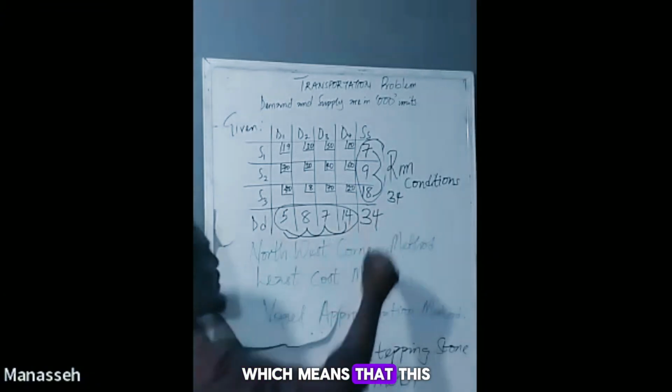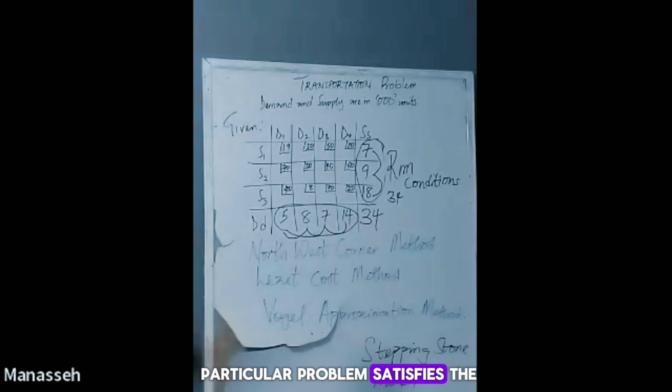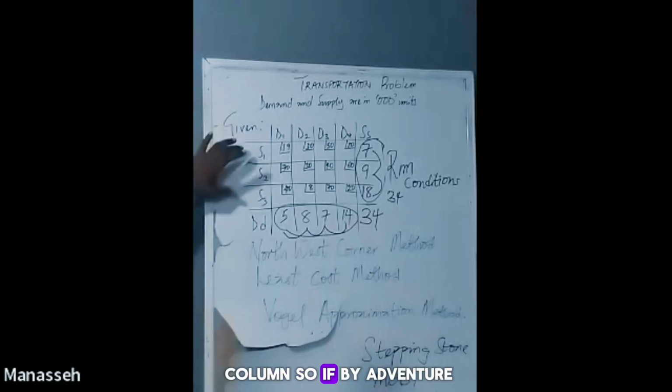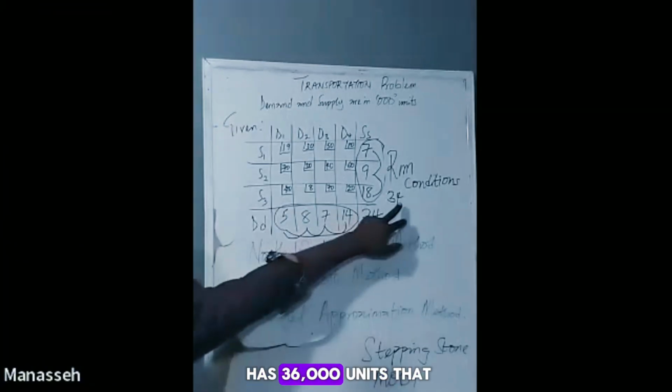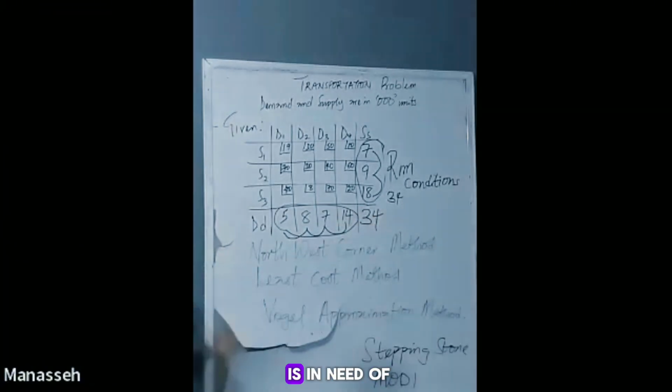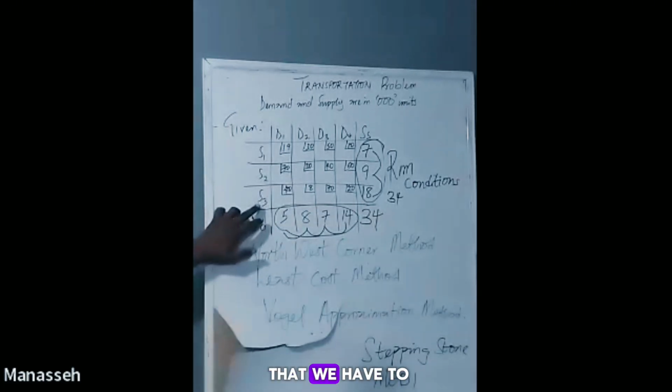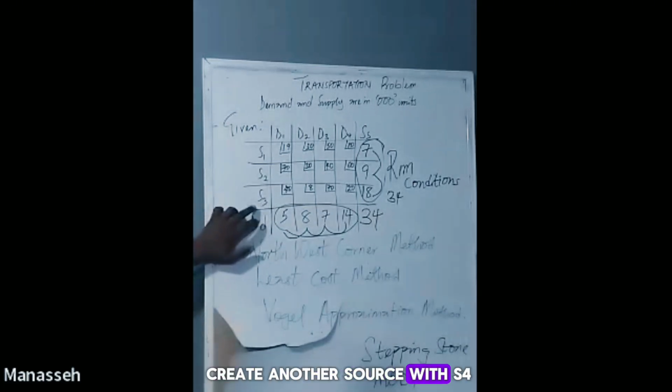So this particular problem satisfies the rim condition, and we can also say that it is a balanced problem. However, in a scenario whereby it is not a balanced problem, what you are expected to do is to create a dummy, whether it's a dummy row or a dummy column. If perchance the destinations are in need of 36,000 units, while the sources have just 34, we have to create another source, S4.